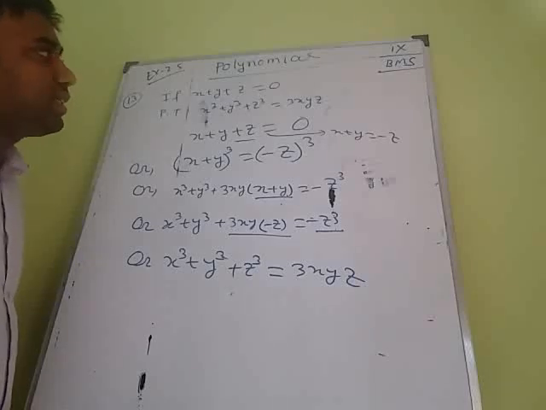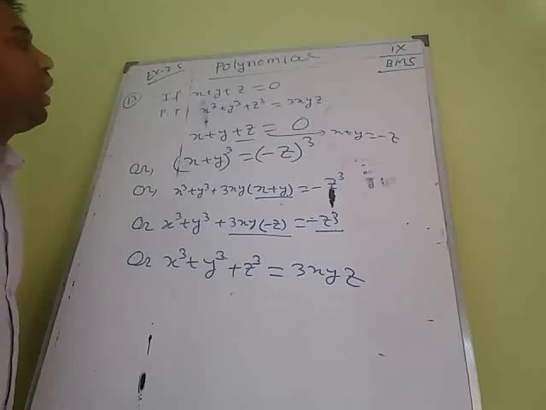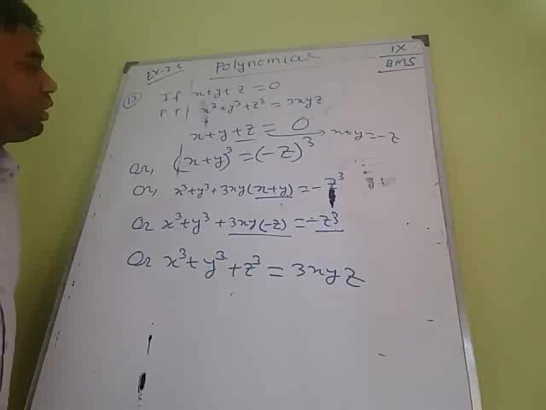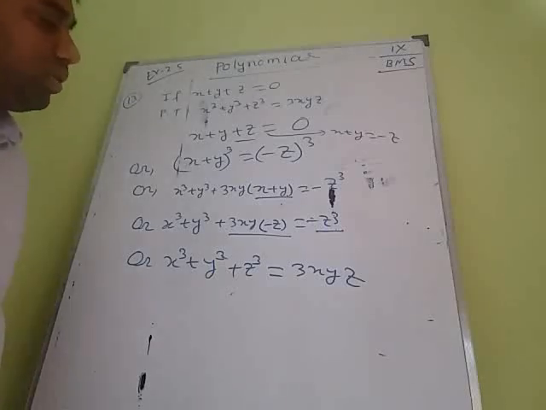So we easily get, from x plus y plus z equals 0, that x cube plus y cube plus z cube equals 3xyz.